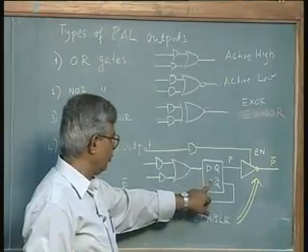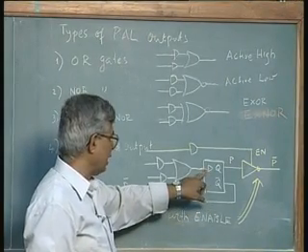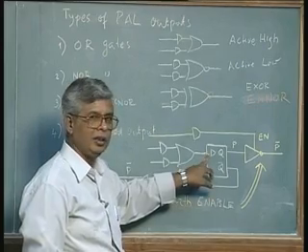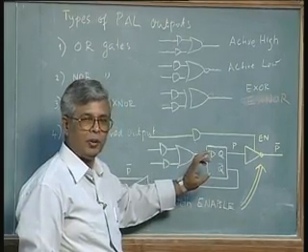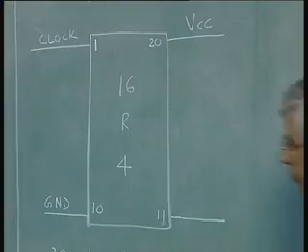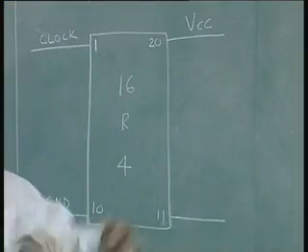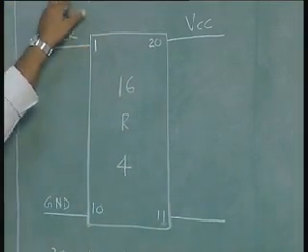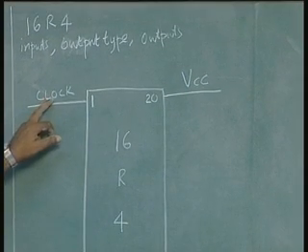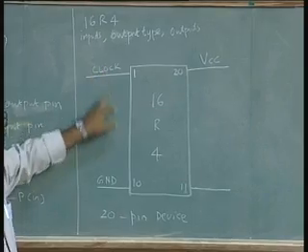Remember, a flip-flop requires a clock, and I didn't show the clock at that time because I didn't want to clutter the drawing, but no flip-flop can work without a clock, so I need to provide a clock which is common to all the flip-flops. How many flip-flops are here in this case? 4, because it's a 16R4, there are 4 registers, so all the 4 flip-flops require a common clock.